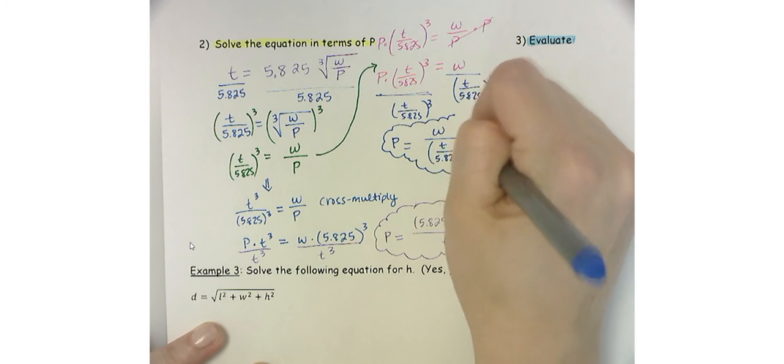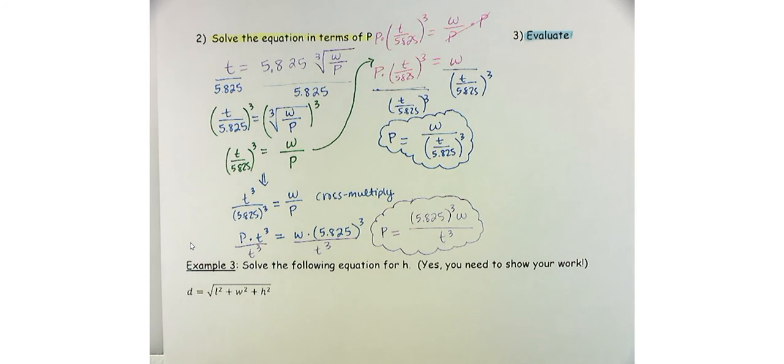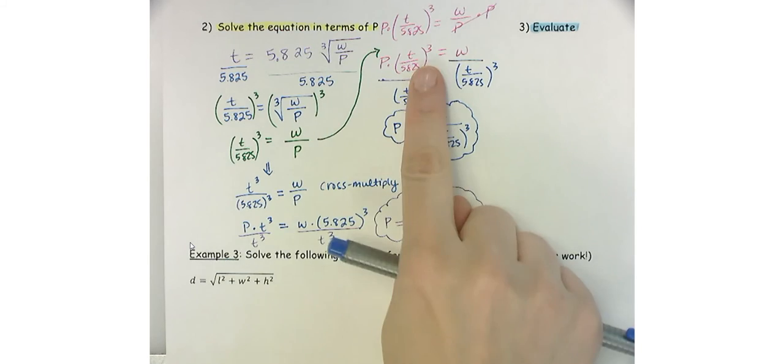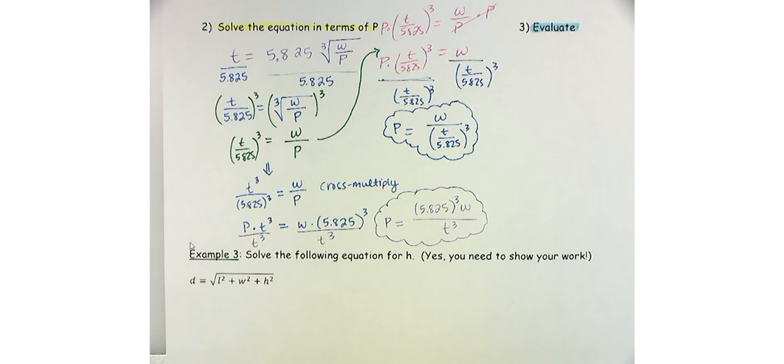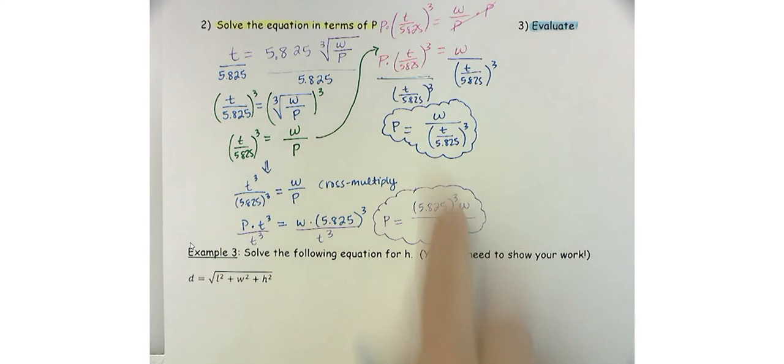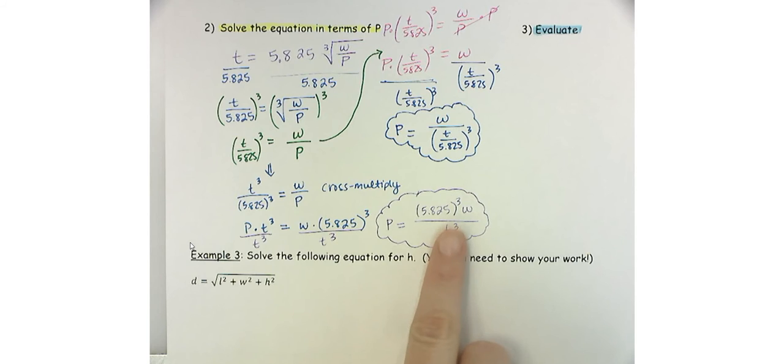Okay, so for the evaluating part, it tells you you have the 3590 pounds. Well, because I organized this information, I know that that has to be plugged in for W, which is the weight. And then the 13.4 seconds, that's going to be plugged in for T. So now I can just evaluate.